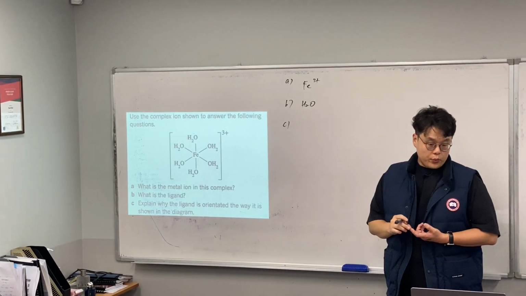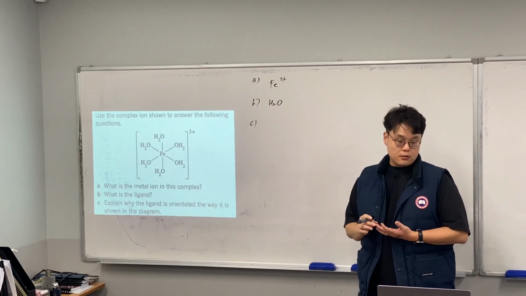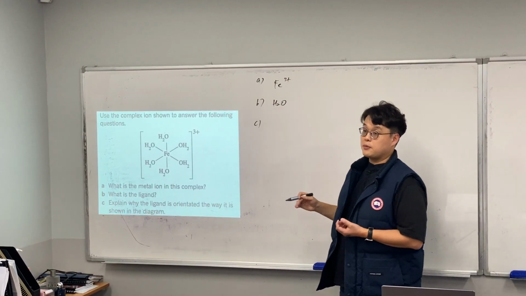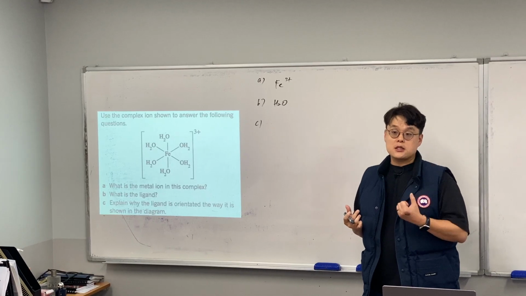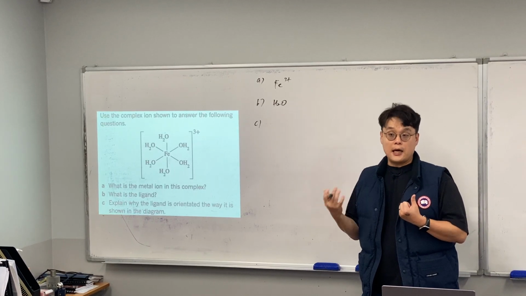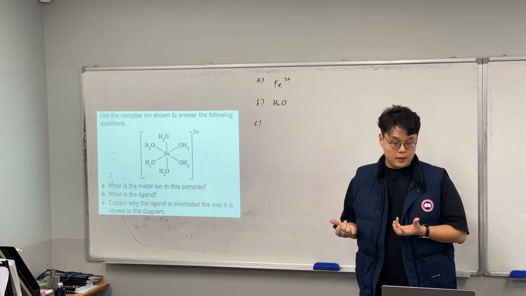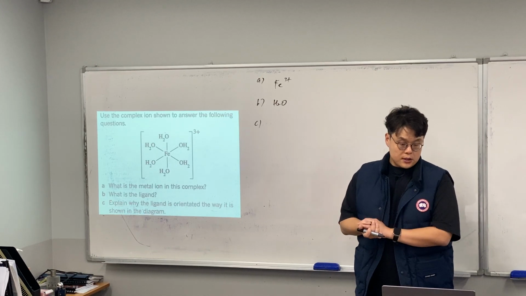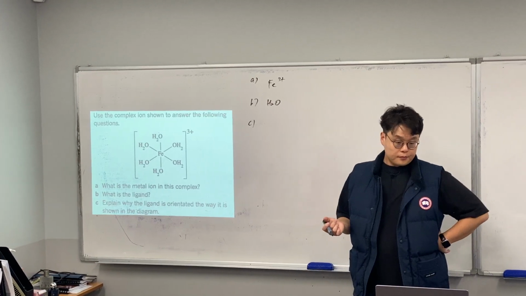C. Why do we have that? Why are we having this? We can see the metal ions are interacting with the dipole of the water, due to the lone pairs on those oxygen atoms.